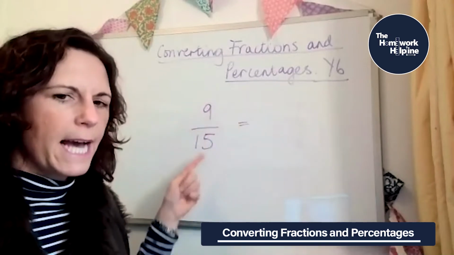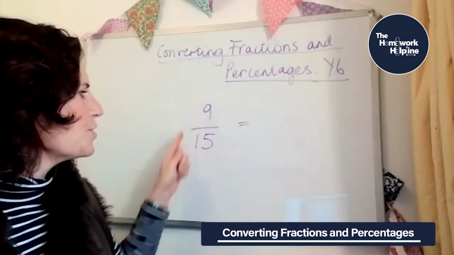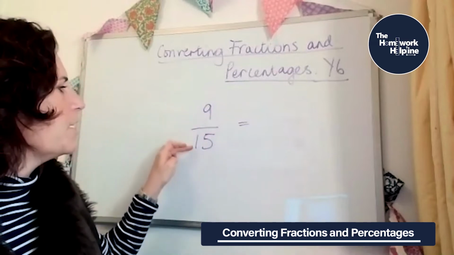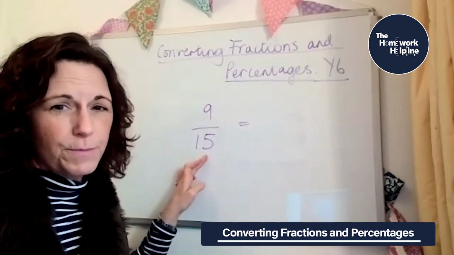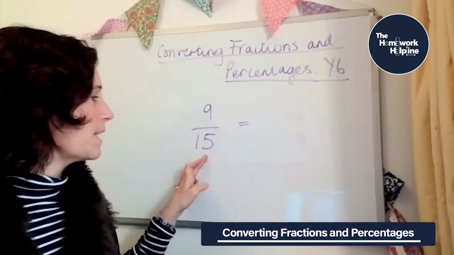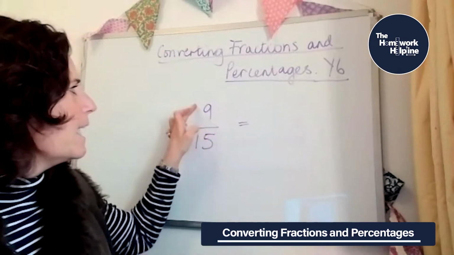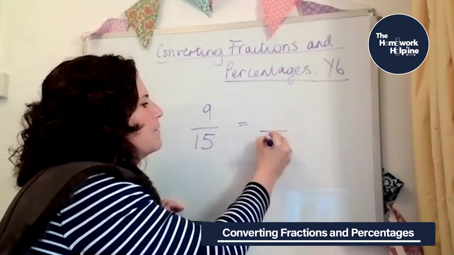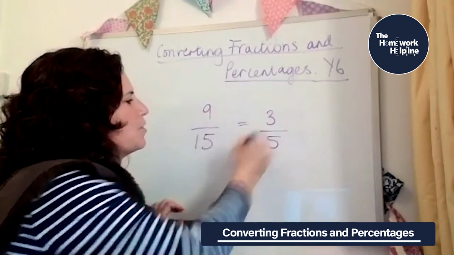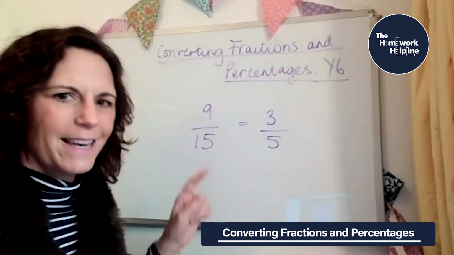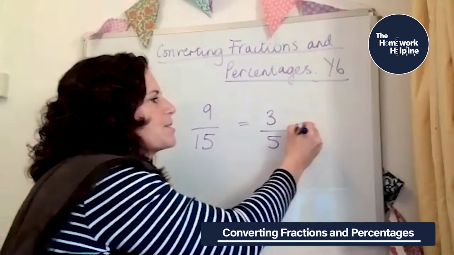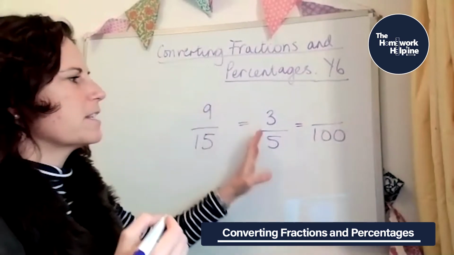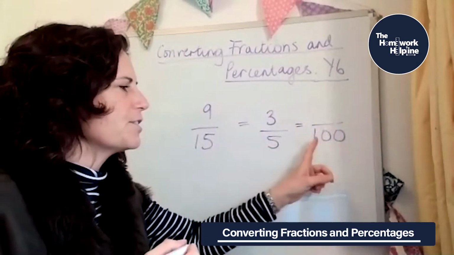But what I can do is make this fraction smaller and then multiply it into 100. I know that if I have 5 as the denominator, that does fit into 100. So I can divide both of them by 3. So I have a 5 at the bottom and a 3 at the top. Now we're on 3/5, and I can change that into hundredths. I've just put an extra little step in there to make it into something I can easily convert into hundredths.